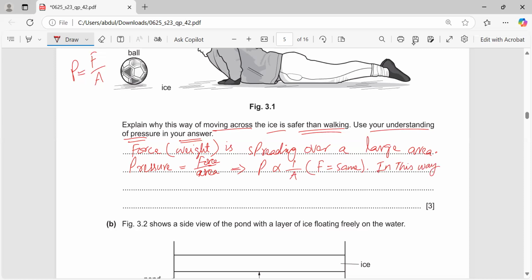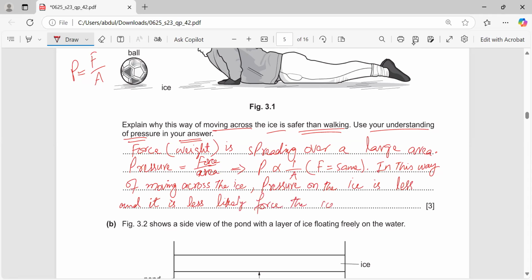So in this way of moving across the ice, pressure on the ice is less, and it is less likely for the ice to break or crack.